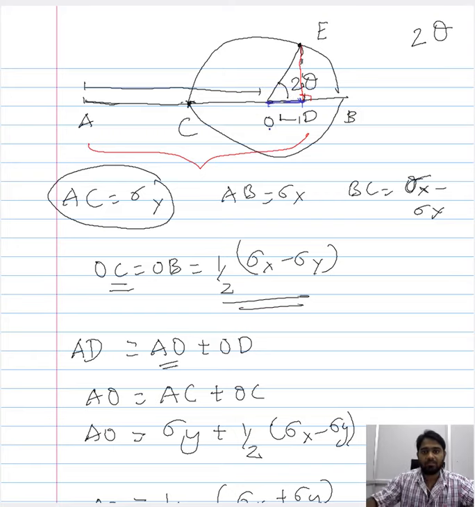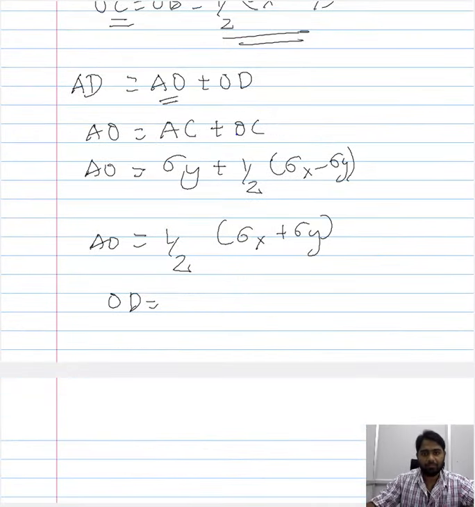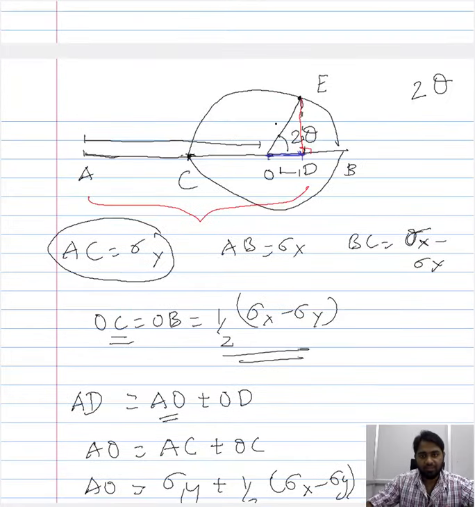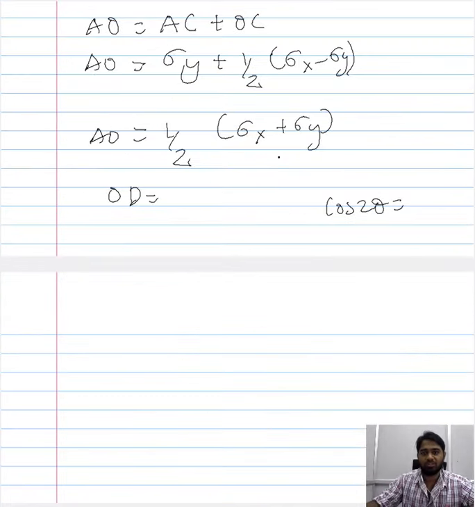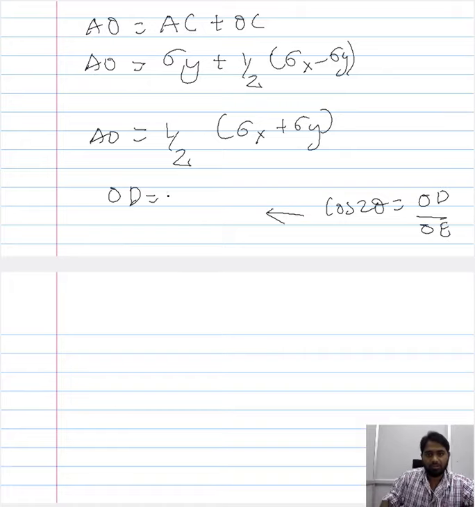Now, when you consider the cos of 2 theta, for this triangle OED, the cos of 2 theta is OD by OE, adjacent by hypotenuse. So when you substitute this relation here, then your OD is OE cos 2 theta.